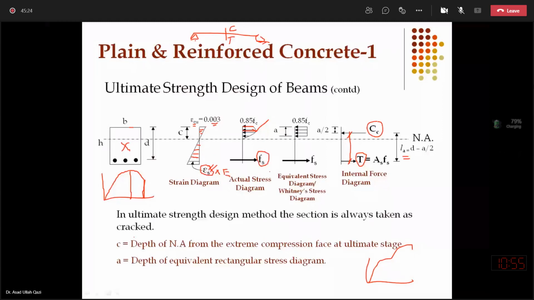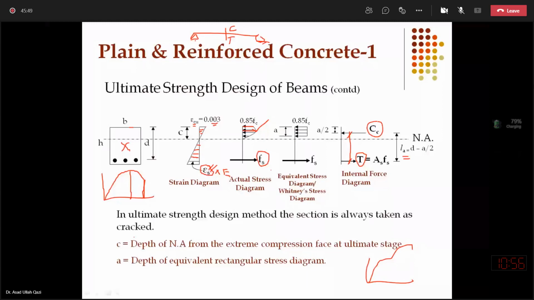Practically, if I'm experimentally trying to determine these stresses in the laboratory, I just need to measure strains at that section. And from strains, as I mentioned in the assumptions, if I know the stress strain curve of the materials, from the strain I can draw the stress diagram.